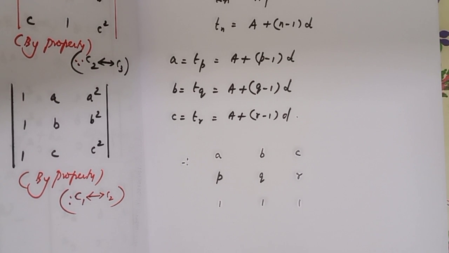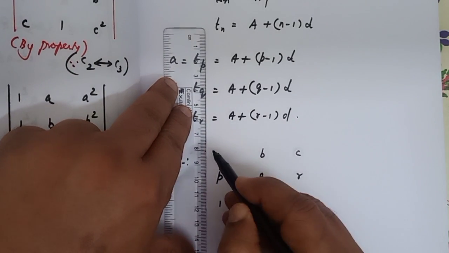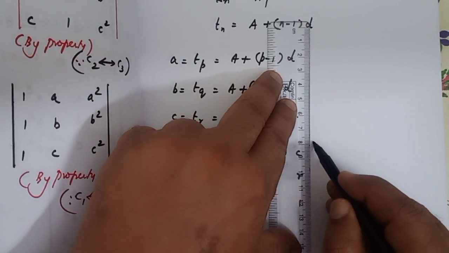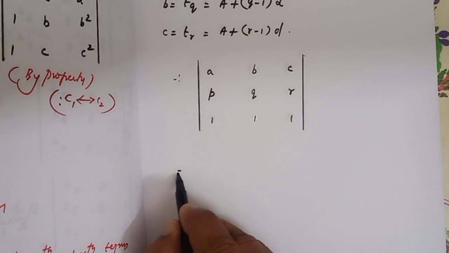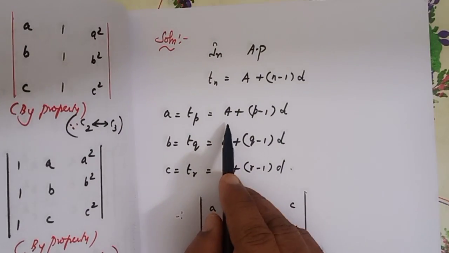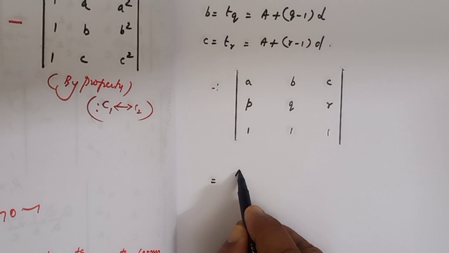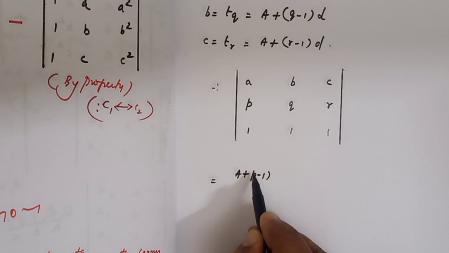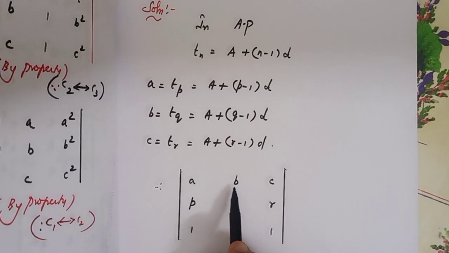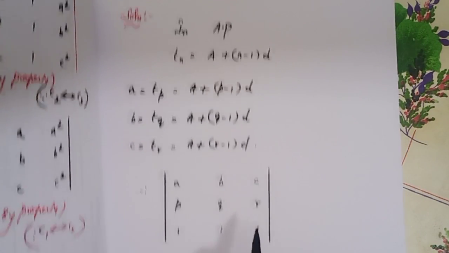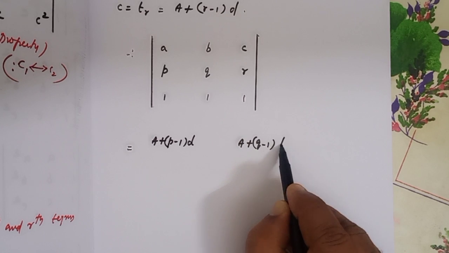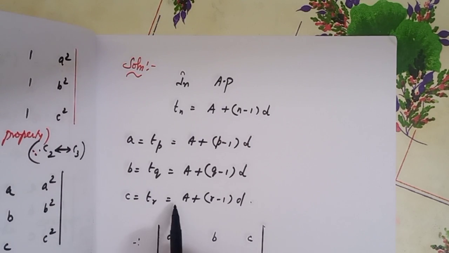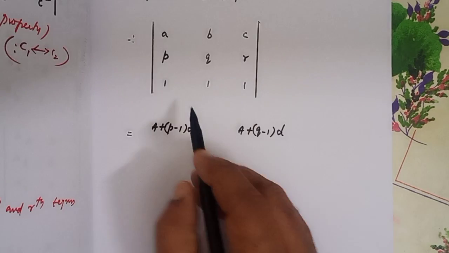Therefore, in the first row, a can be replaced by A plus p minus 1 into d, b can be replaced by A plus q minus 1 into d, and finally c can be replaced by A plus r minus 1 into d.